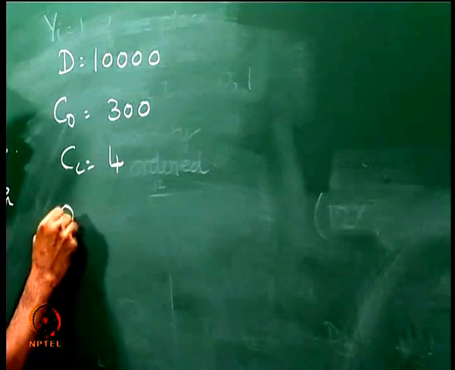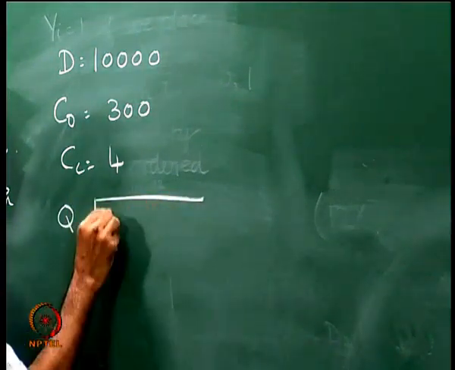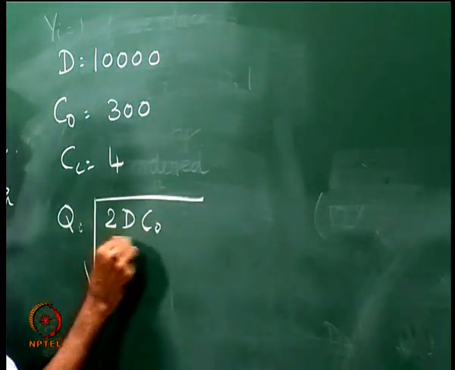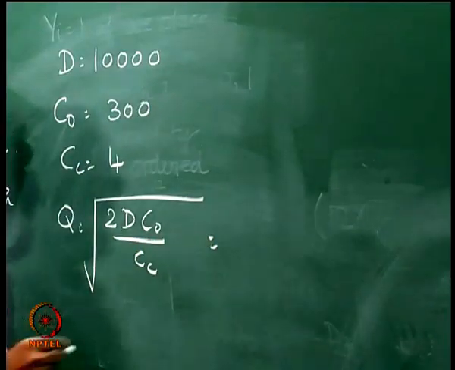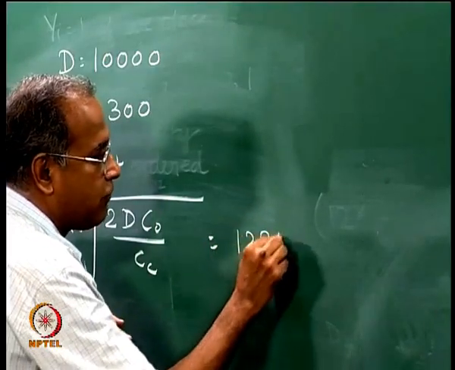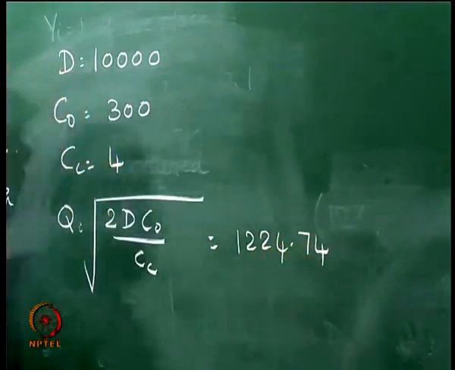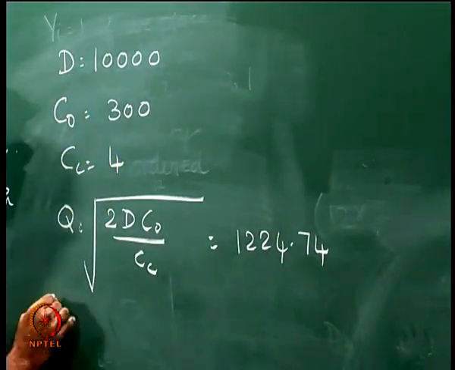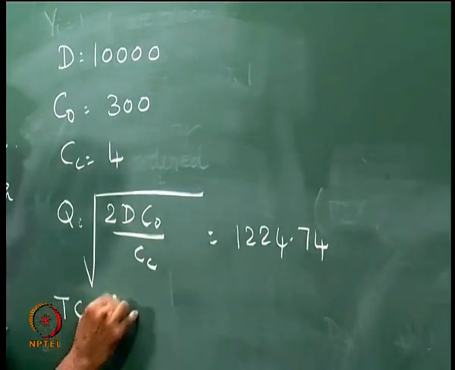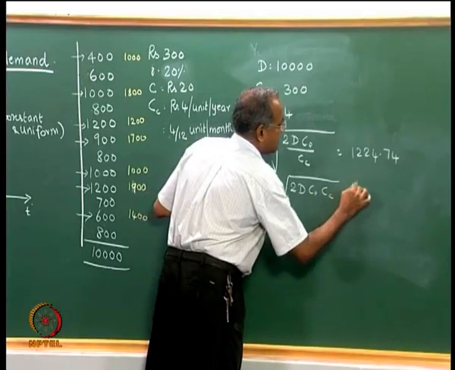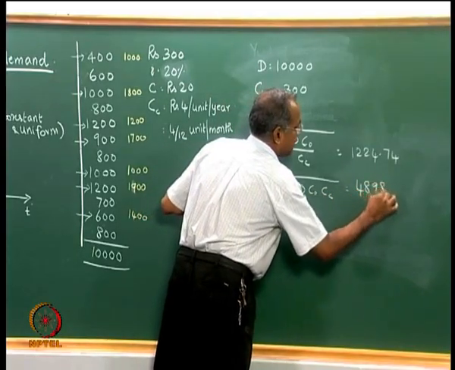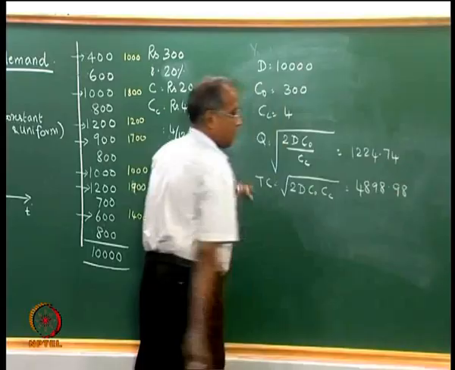Now Q is equal to root over 2 D C naught by Cc, which we have already calculated in an earlier lecture, 1224.74, and then we also know that the total cost for this is root over 2 D C naught Cc, which will give us 4898.98.